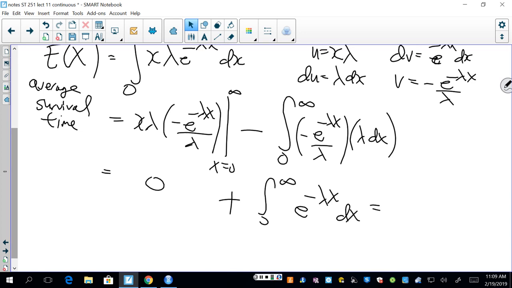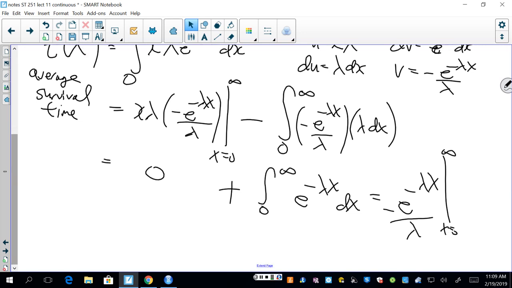So the point of this integration by parts is that it takes this integral into one that's easier to do. There's an e to the negative lambda x, and then a negative lambda here, and that's the integral of that thing, evaluated at x going from 0 to infinity. At infinity, this thing again is 0.